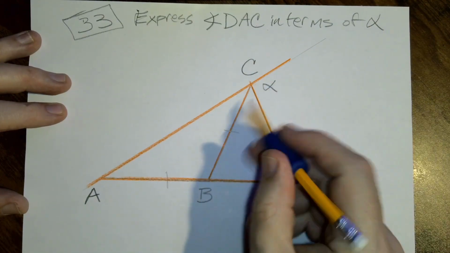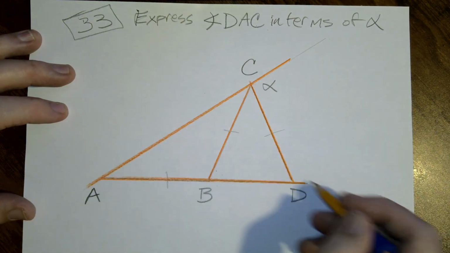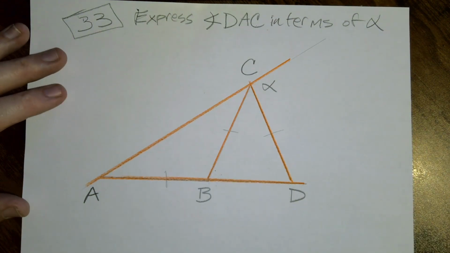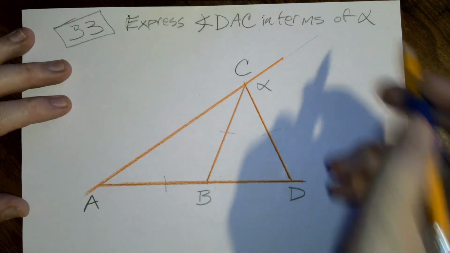So we don't have to know the degrees of this angle. We just have to express it in terms of alpha.